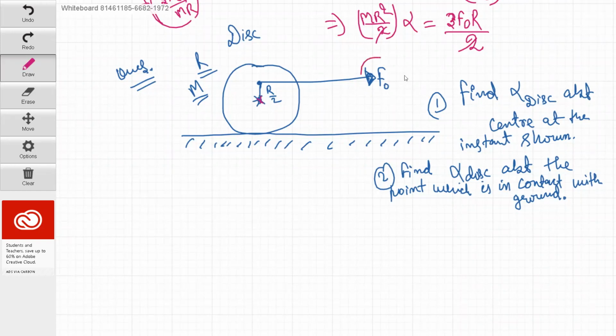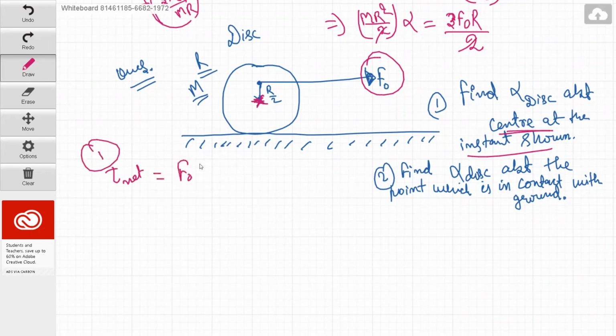So what is the torque of F naught about this point? Because first of all, you need to find it about the center. So about the center, the torque net will be equal to F naught into R by 2. And torque net will be equal to I into alpha.